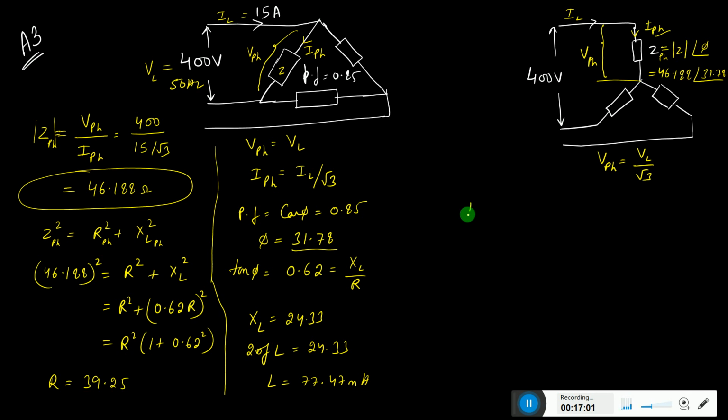So I can write that I phase is equal to V phase divided by Z phase. V phase is equal to VL by √3, and Z phase is 46.188 angle 31.78. Instead of VL I can write 400.